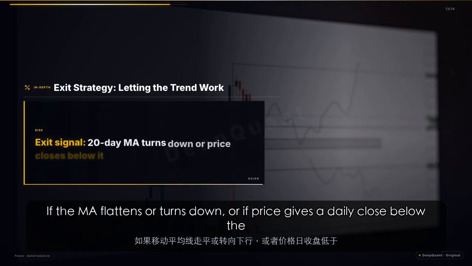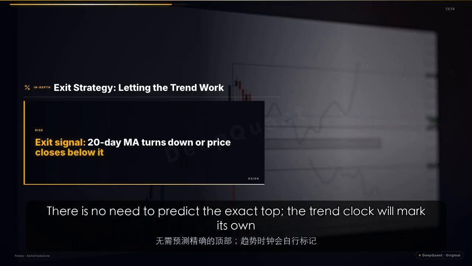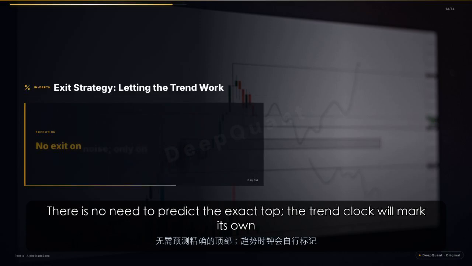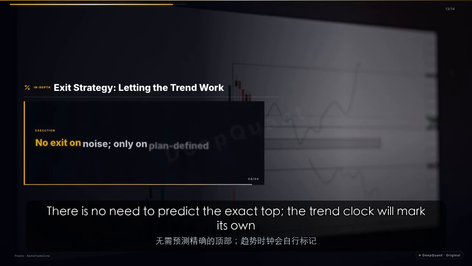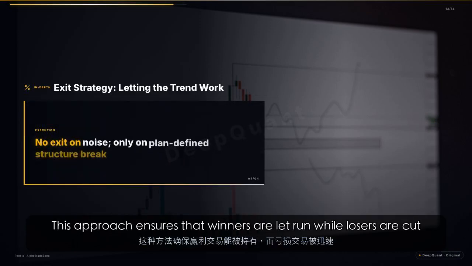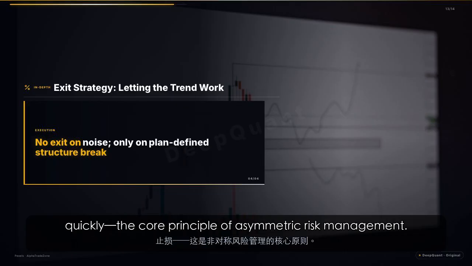If the MA flattens or turns down, or if price gives a daily close below the MA, the trade is exited. There is no need to predict the exact top, the trend clock will mark its own reversal. This approach ensures that winners are let run while losers are cut quickly, the core principle of asymmetric risk management.